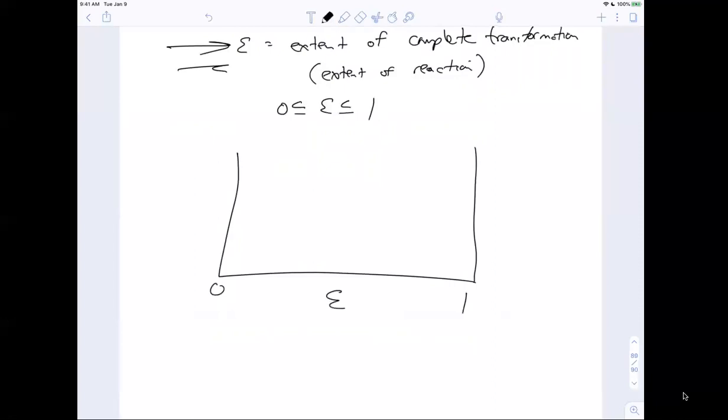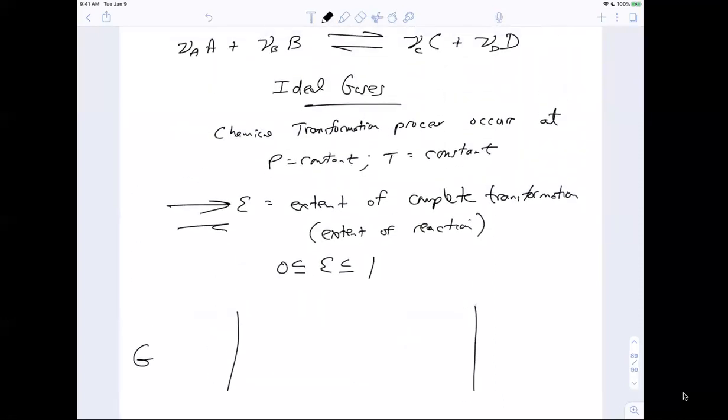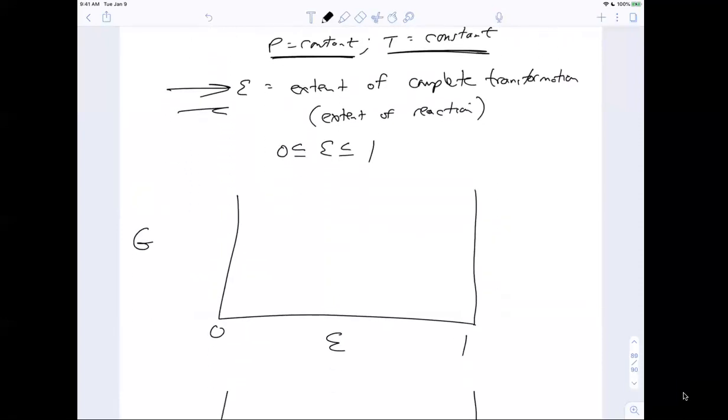So what I'm going to write here on the y-axis is G, our Gibbs free energy. And I'm going to use G because I said I'm going to let T and P be constant. Those are the knobs I can turn. So for this reaction, I'm going to control temperature and pressure, and see what happens at these conditions.